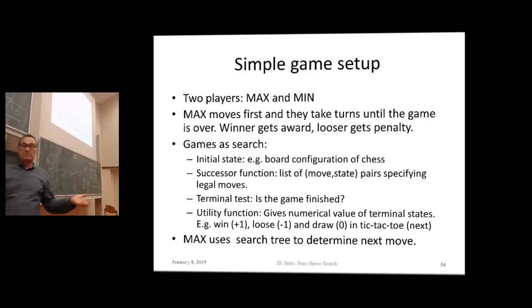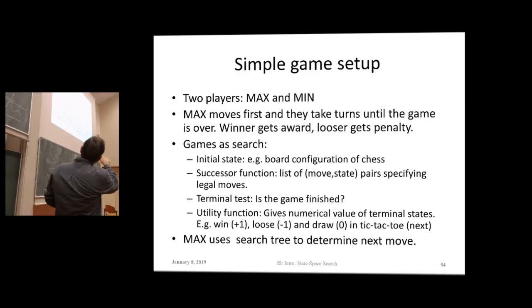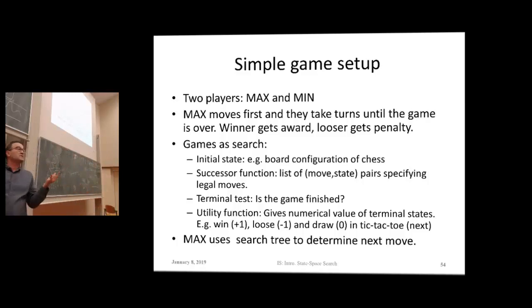And now we have a representation of this game as a state search problem. Usually Max starts first, but there are also games where Min starts first, so it needs to be specified properly in all of the tasks. We start with the initial position, for example the chess position.